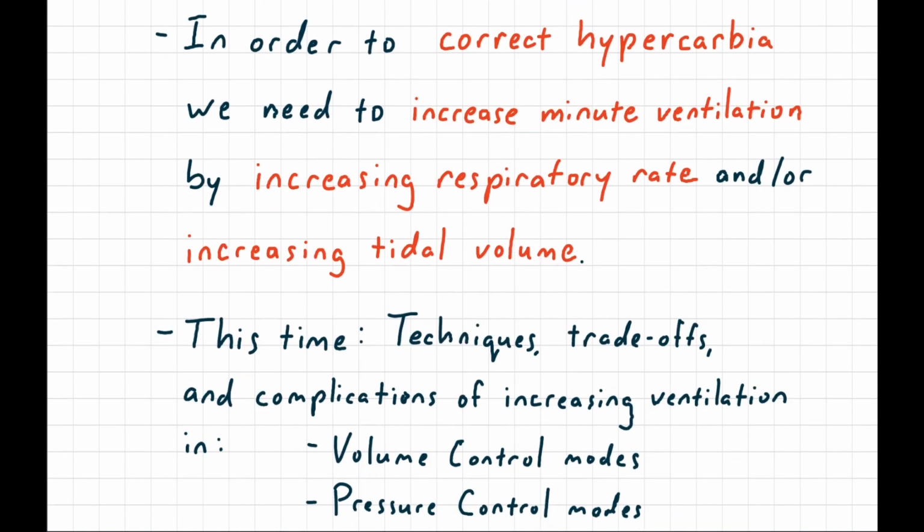Now, we're really going to focus on the nuts and bolts of ventilator settings, looking at techniques, trade-offs, and complications of increasing ventilation. We'll use volume control and pressure control modes to demonstrate these strategies and to point out some of the practical differences between these modes, but these general principles apply to any conventional ventilator mode.